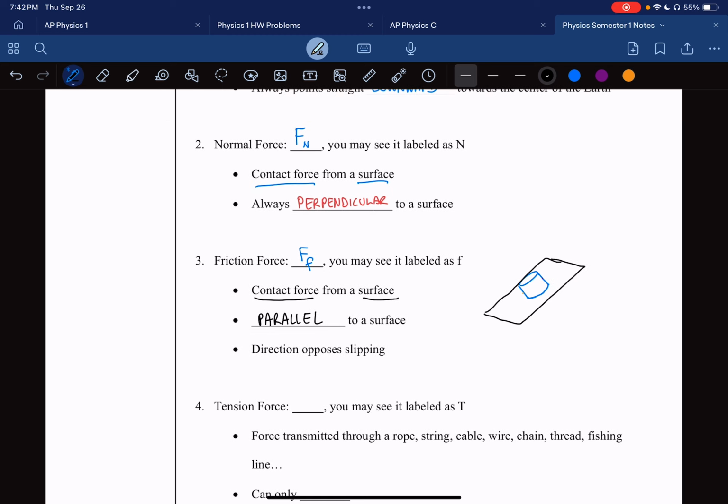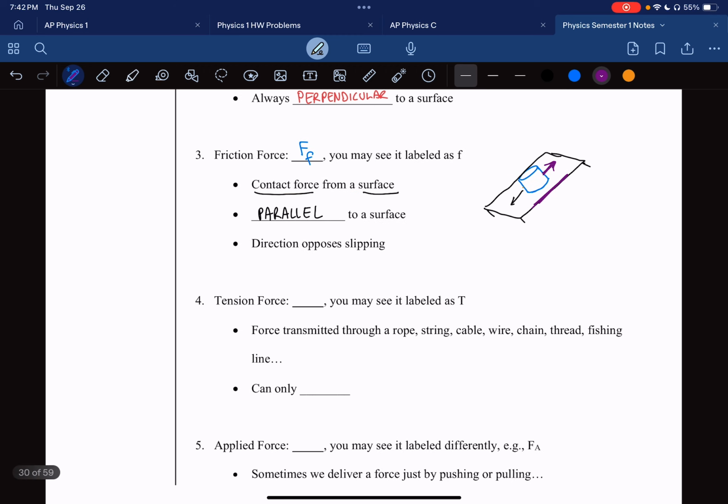Like that. So what I'm showing here is what if we take that table and we tilt it on its side, and I'll draw little legs on this one. Well, the cup wants to slip. It wants to slip in this direction, parallel with the table surface. There will be some friction that opposes that slipping, so it would be pushing this way and keeping it from slipping. But once again, it will be parallel with the surface that it's on.